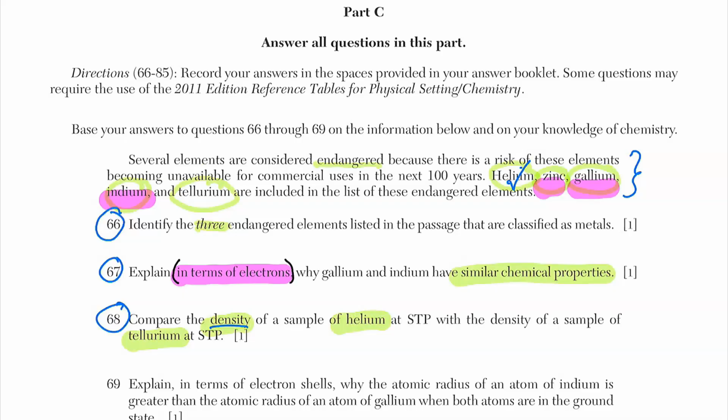There's nothing in the blurb here that talks about density, but as I keep saying, the most underutilized table that gives us so many things that people forget for this test is Table S! All right, so let's go there. Just look up the density of helium and compare it to tellurium.